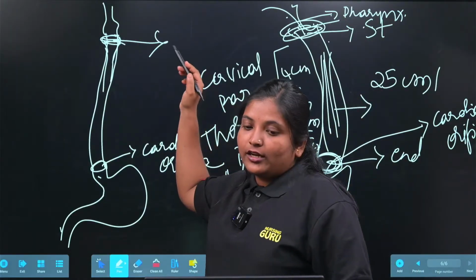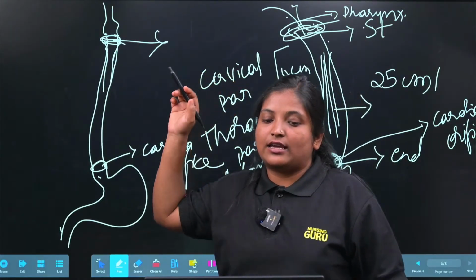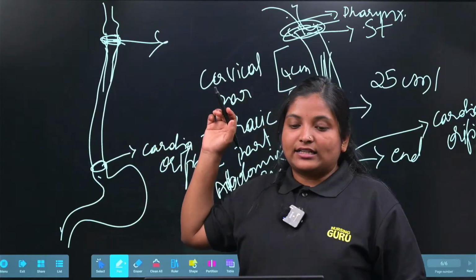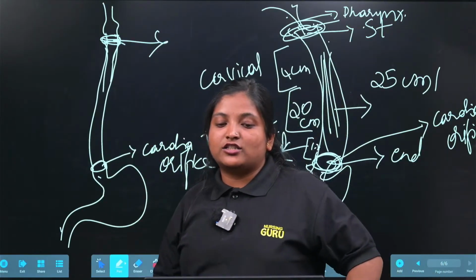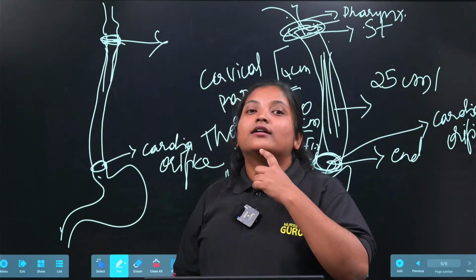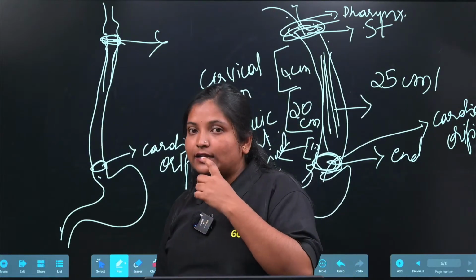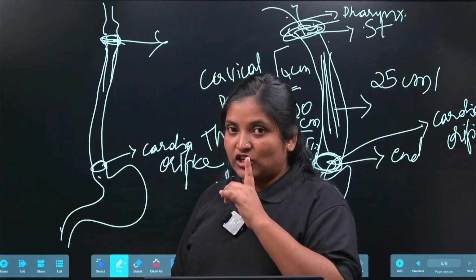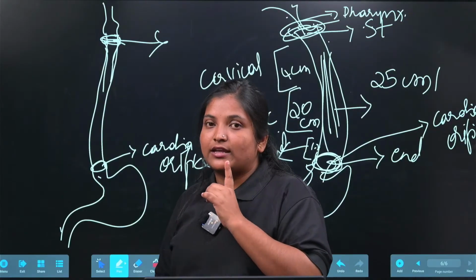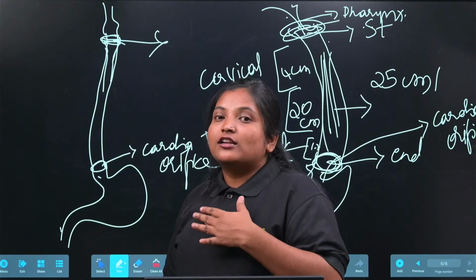It is about 9 centimeters, or 6 inches, from the incisor teeth, that much distance to the esophageal junction.